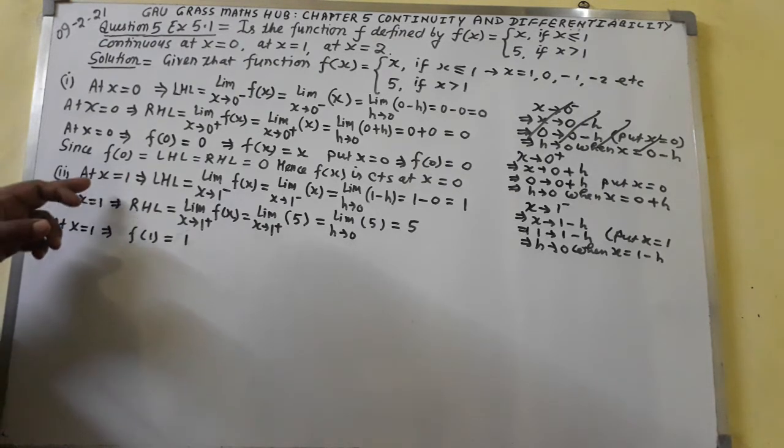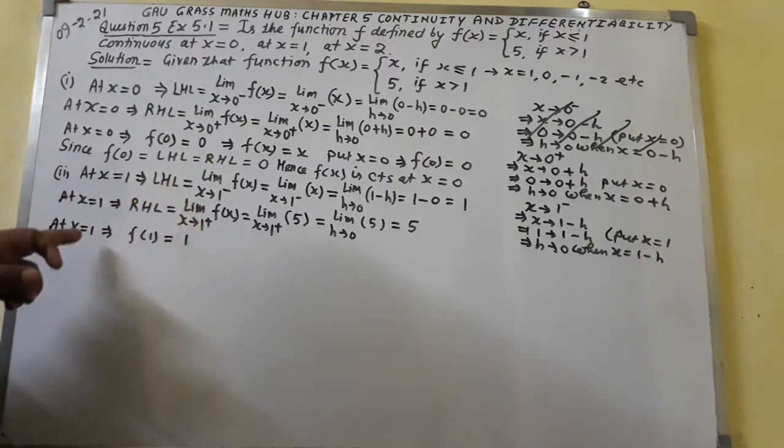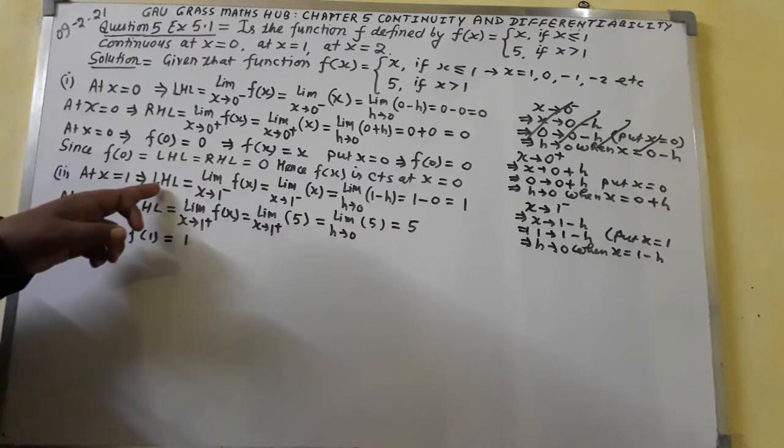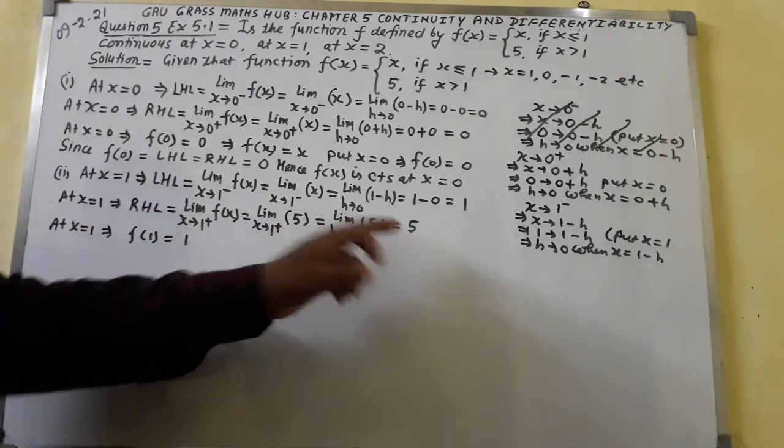So f(1) is equal to the left hand limit, but the left hand limit is not equal to the right hand limit, because the right hand limit comes out to be 5.